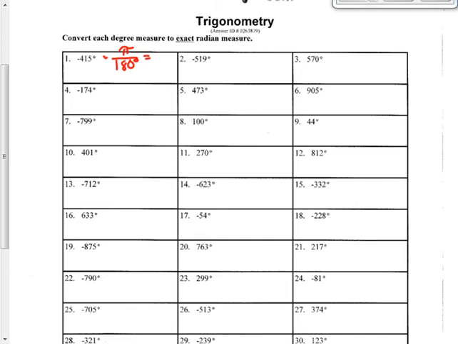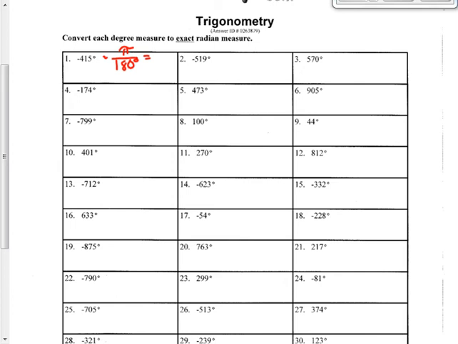And so when I look at negative 415 times pi, I don't want to take that times 3.14. I want to just leave it at times pi, and then do that divided by 180. So really the thing that I'm doing is negative 415 divided by 180. If you're doing that on your calculator, you're going to end up with a decimal, so you want to turn that into a fraction.